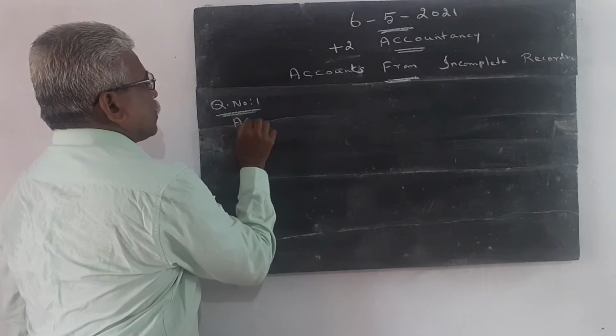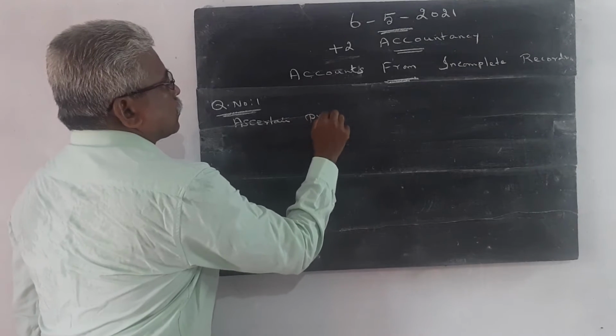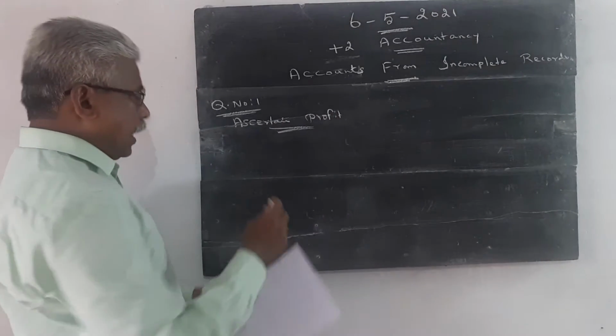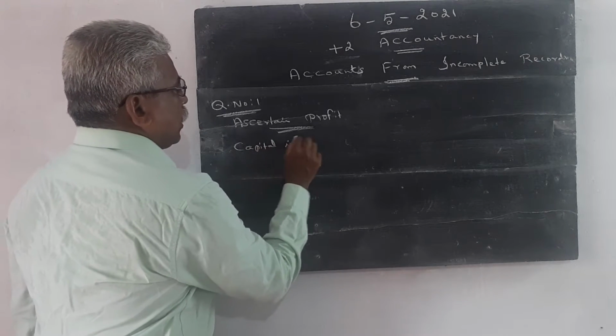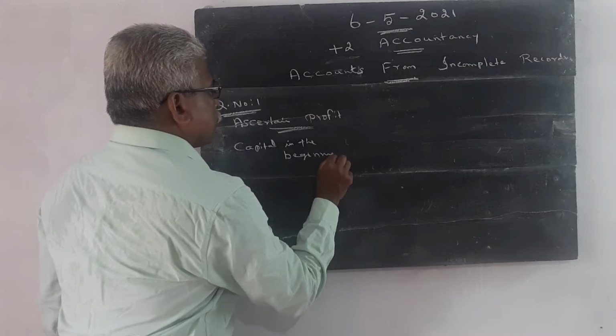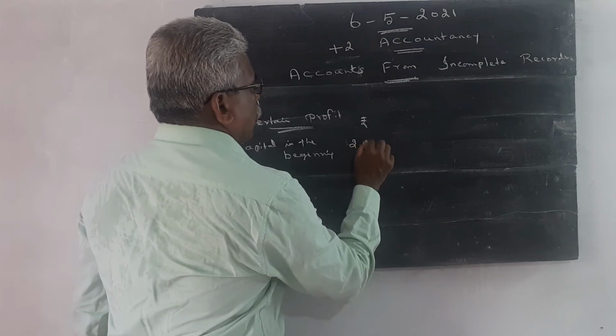Ascertain profit or loss. The question gives: capital at the beginning, rupees 2 lakhs.